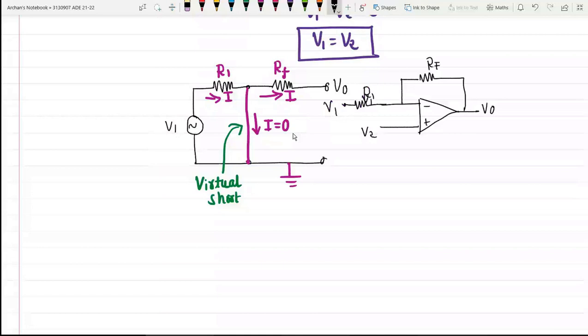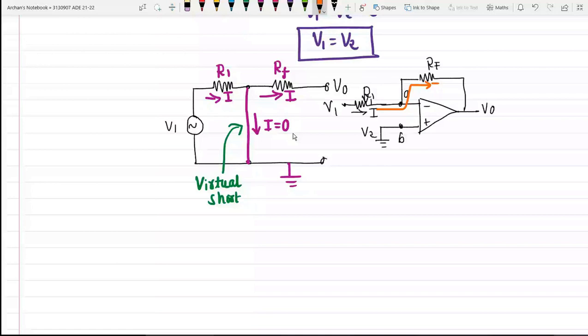So there will be some potential over here, and the same potential needs to appear over here. So the entire amount of current I will flow in this particular direction. The current flowing into the op amp, I, is equal to 0.